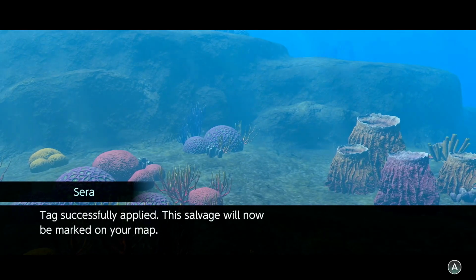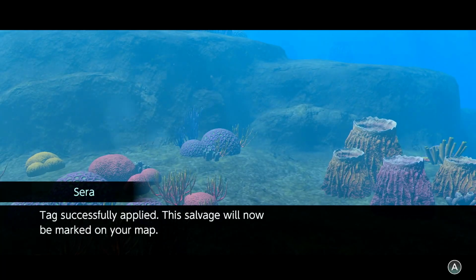Tag successfully applied. This salvage will now be marked on your map.